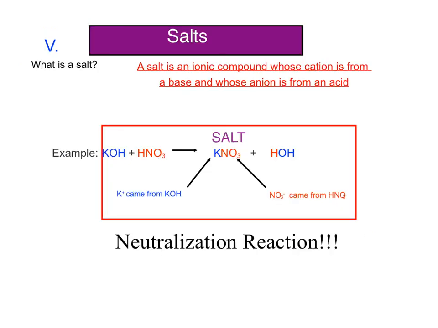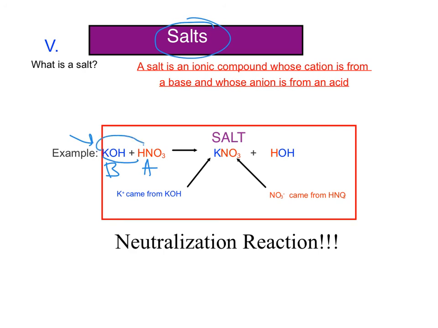Okay, lastly, what happens when you combine an acid and a base is you actually form a salt. So underneath here, you have a base, potassium hydroxide, you have an acid, nitric acid, and it's really just a double replacement reaction.